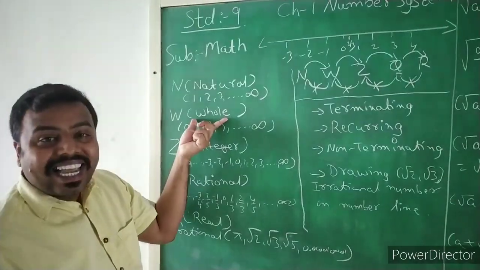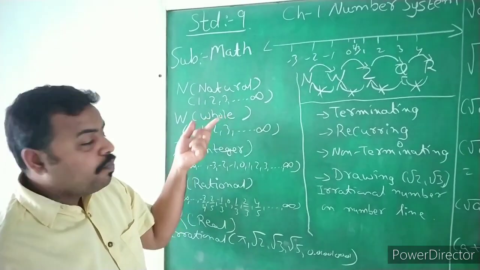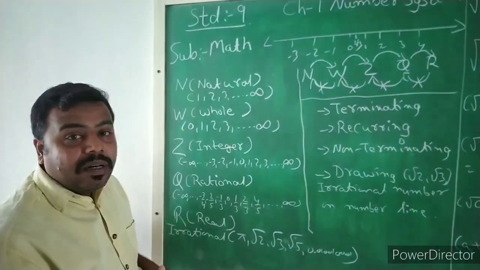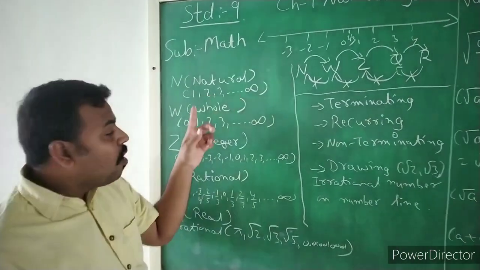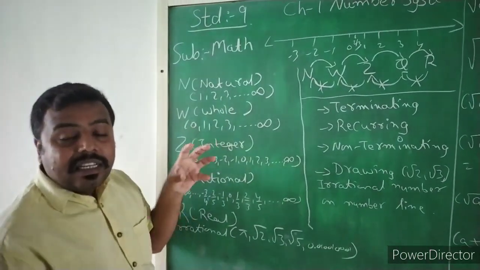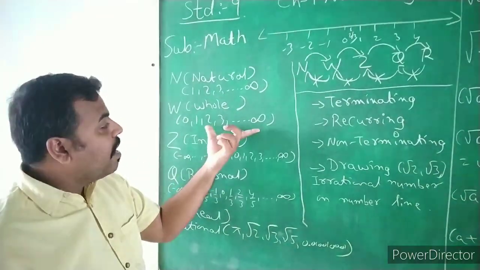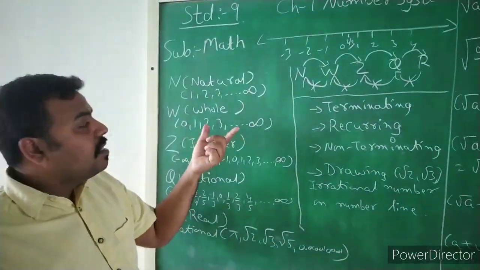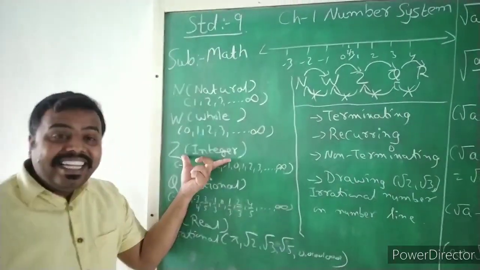Now coming to our second system, that is whole numbers. Whole number means W. This is nothing but all natural numbers along with 0. That is, starting from 0, 1, 2 up to all positive infinite numbers, that system is our W, that is whole numbers.